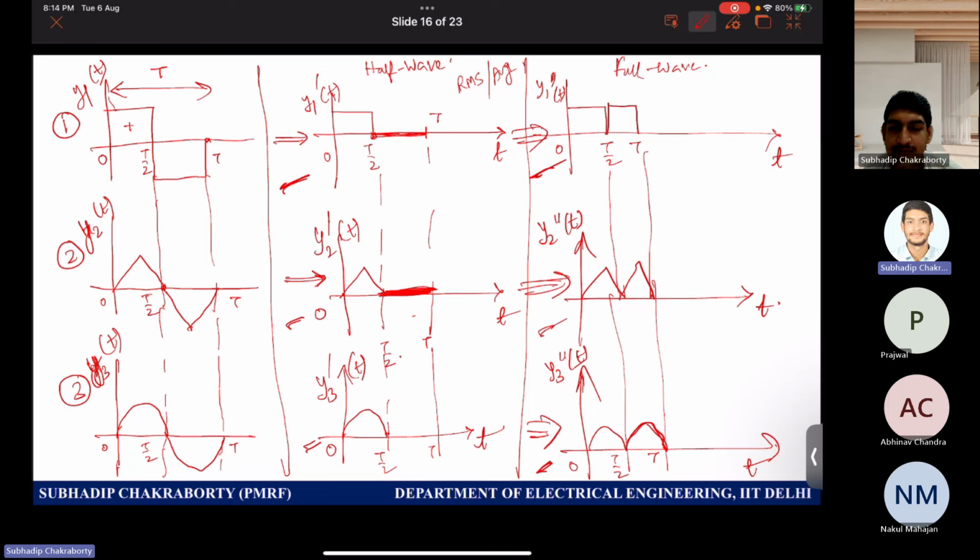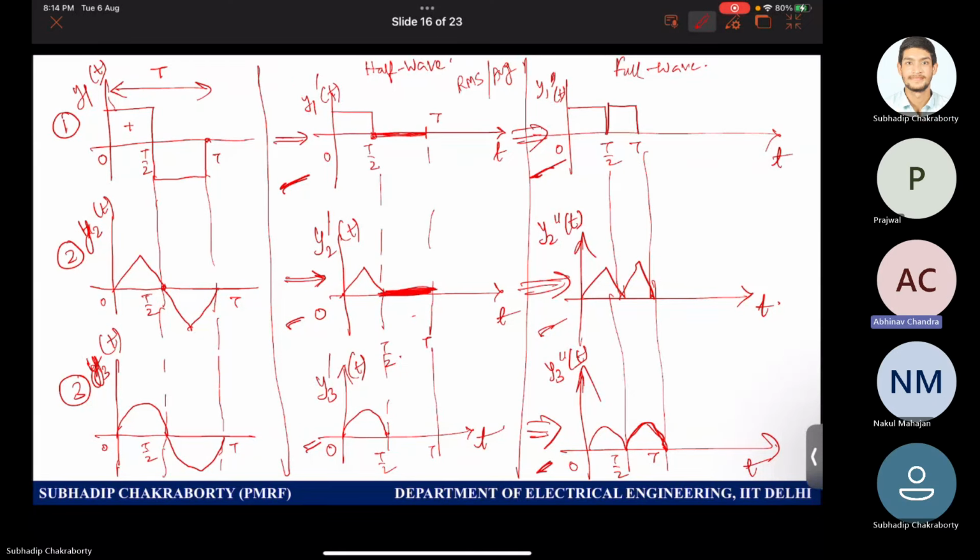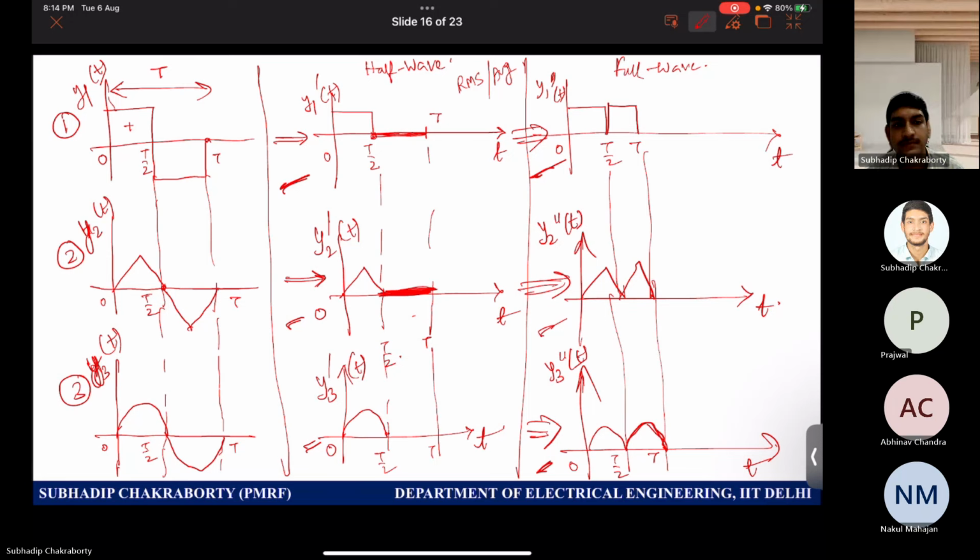Now what is RMS and what is average? Anyone? Simple. How can you simply graphically tell what is RMS and what is average? How to calculate RMS and average of any periodic signal? Sir, average value we can calculate by calculating the area divided by total time. Correct.